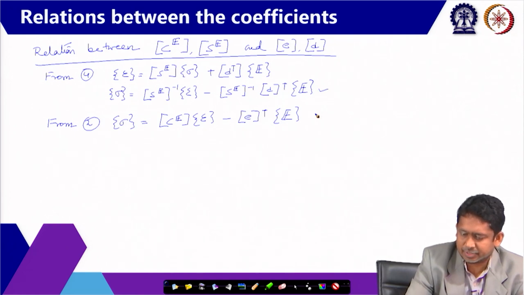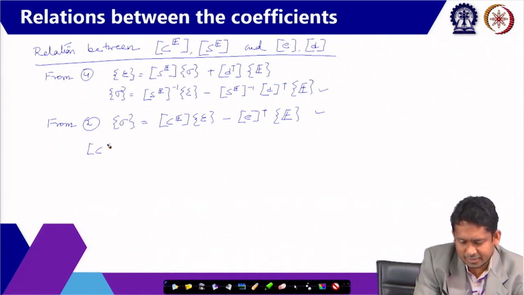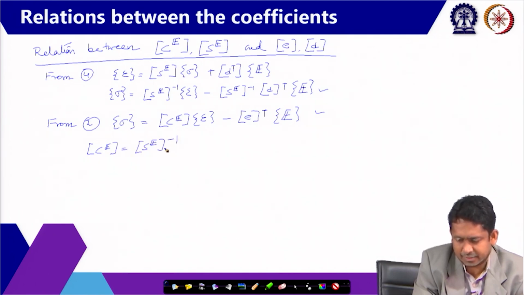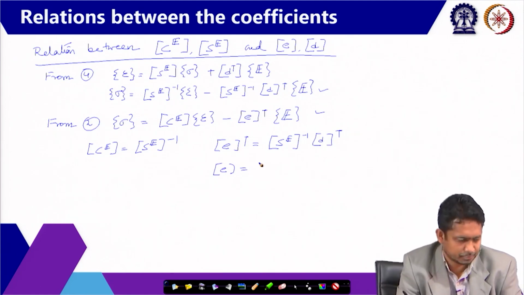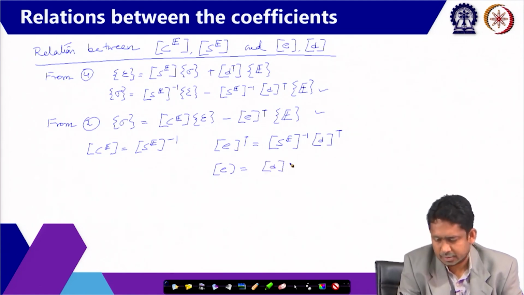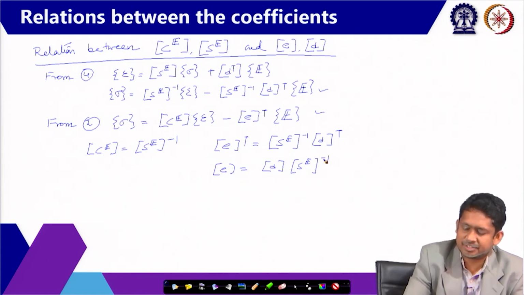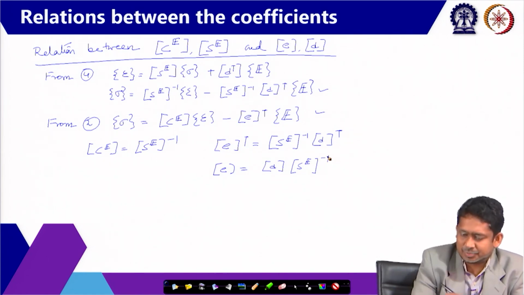Now, if I compare this equation with this equation, we see that CE is equal to SE inverse, and similarly we see that ET is equal to SE inverse dt. So, we can write E is equal to D multiplied by SE inverse. If I take the transpose of SE inverse, it becomes SE inverse. So, that is why we are writing this.